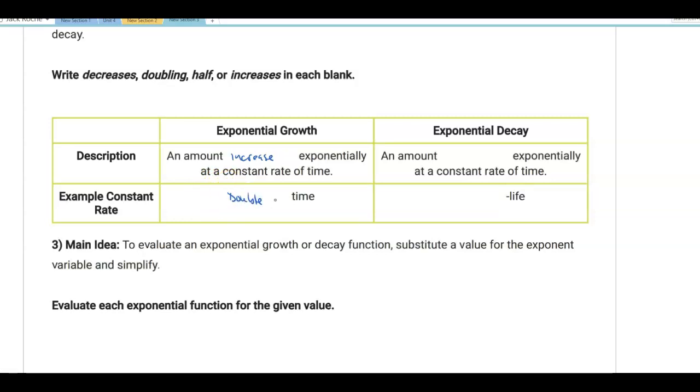Something is doubling every year, or tripling every year. That would be an example of a constant rate. When we talk about exponential decay, an amount decreases exponentially, and an example of this type of rate would be something like half-life.